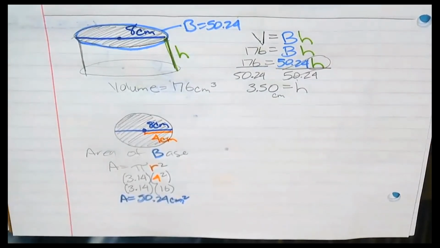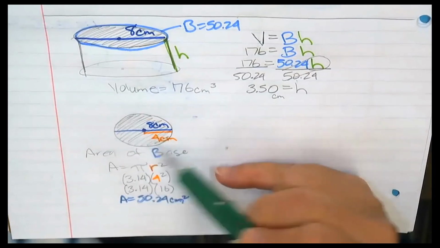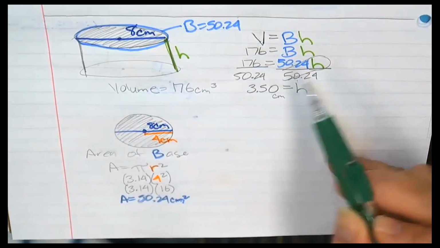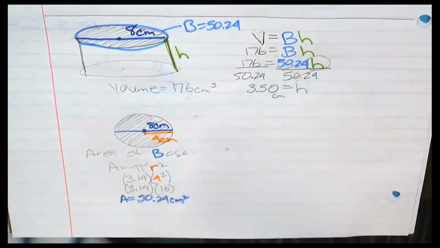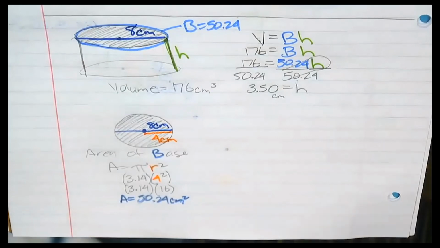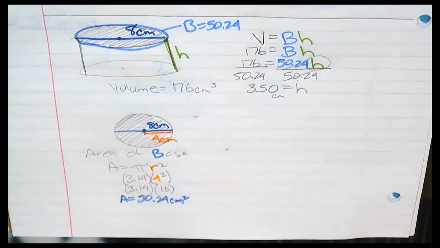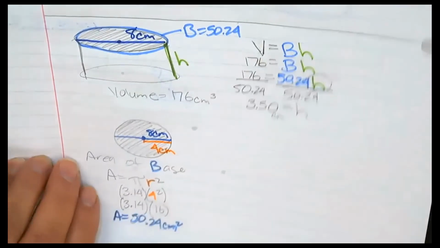So in this case, we still had to find the area of the circle, but instead of them giving us the height, they gave us the volume. So once again, it was just basic substitution, only we were substituting the volume instead of the height. So that's what we are doing today, okay? We are finding the volume of a cylinder.